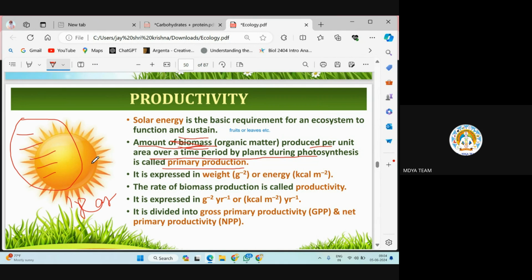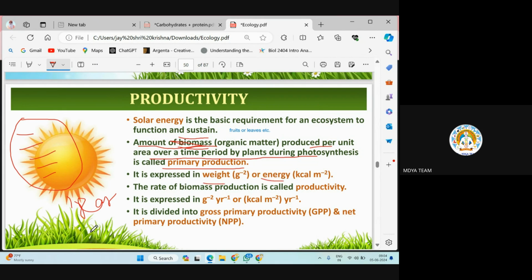And why are they producing biomass? For their own survival, and for storage of the food that they are producing during photosynthesis. Now, is this primary production clear? Yes, sir. Okay, so primary production will be expressed as weight or energy.